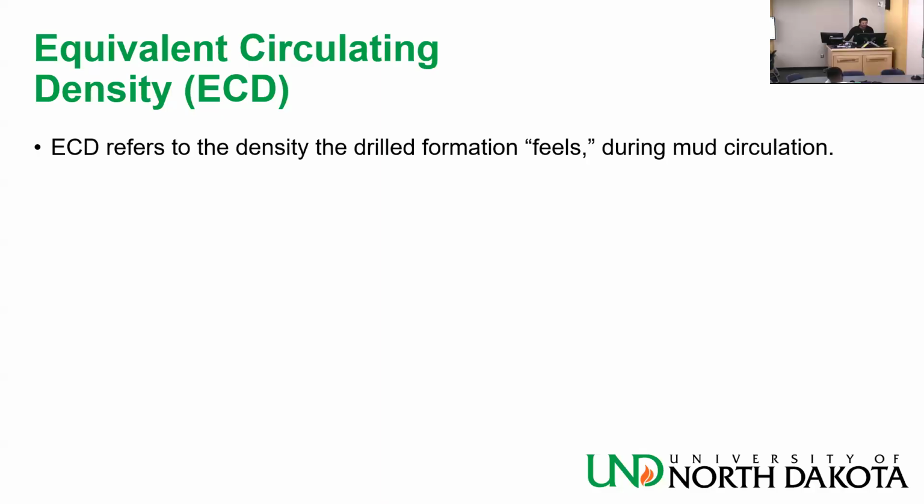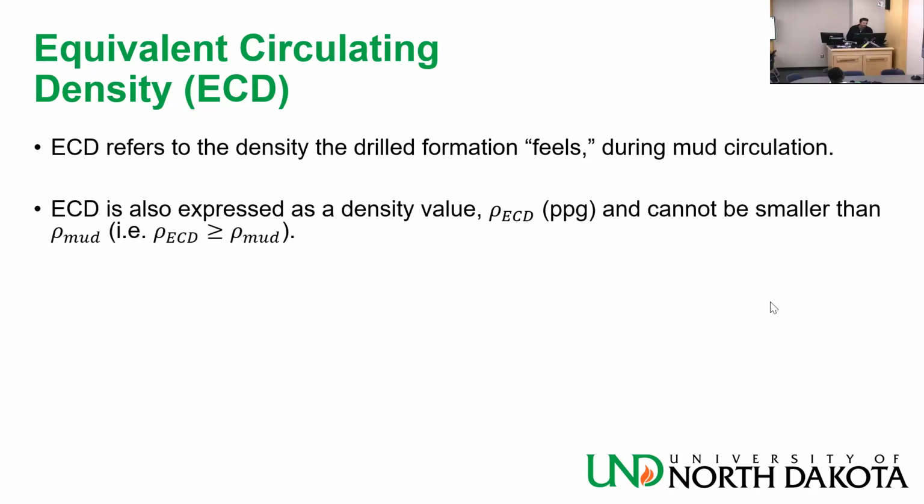ECD refers to the density the drilled formation is feeling at the bottom hole during mud circulation. ECD is also expressed as a density value in PPG and can never be smaller than rho mud. If you calculate an ECD that is smaller than the rho mud, the static mud weight, you did something wrong.